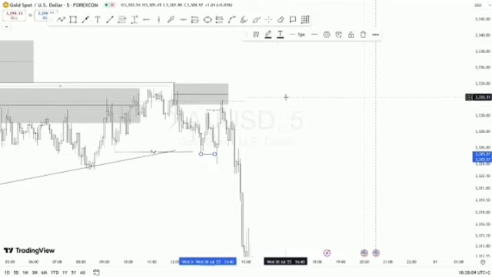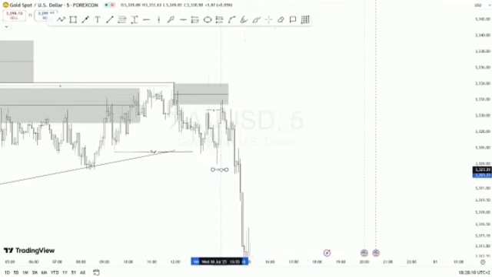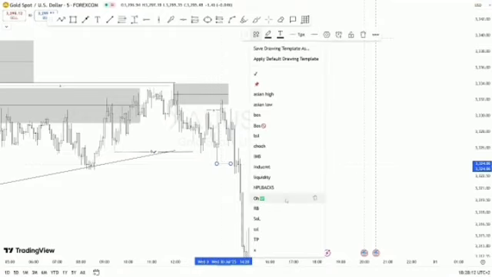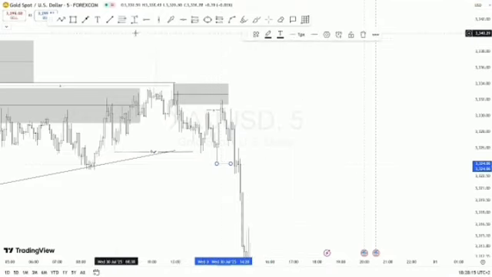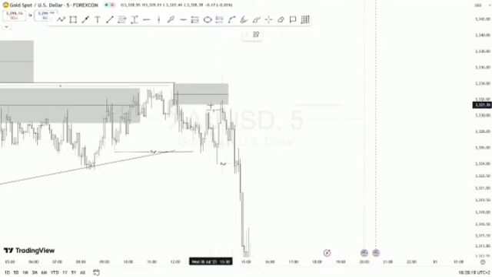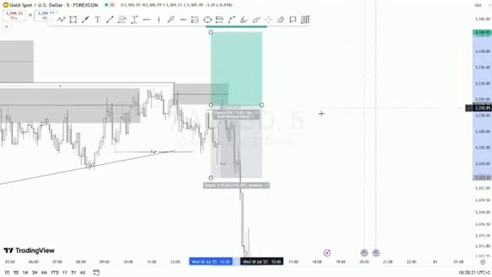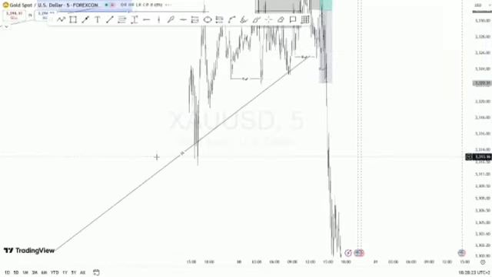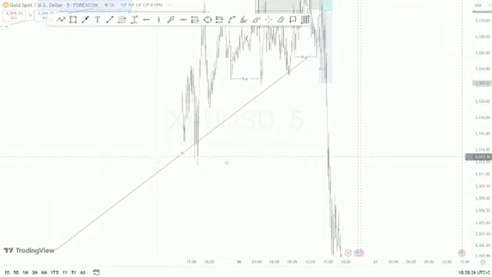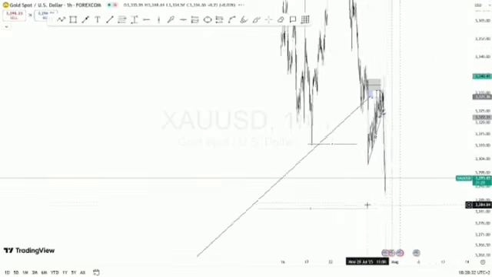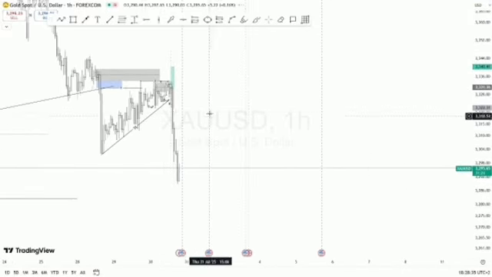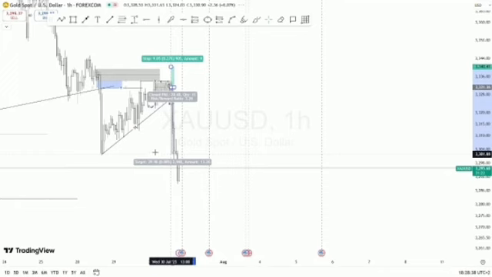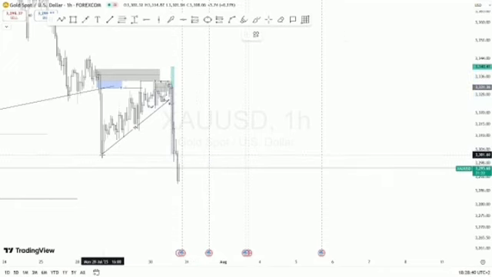I took more than 2 entries actually. The first one was here. This was the main one. We were targeting the hourly low. This hourly low. Let's mark it as break of structure.